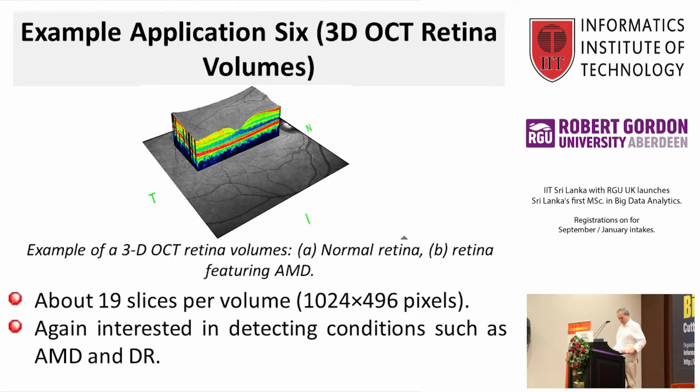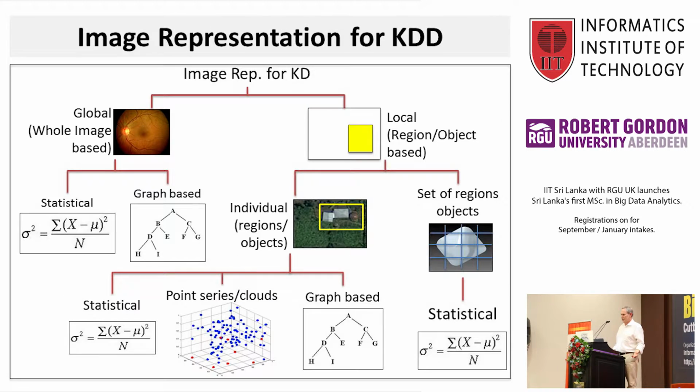Okay, so what I'm going to talk about now is how we might represent these images. And broadly, what I've done here is thought about the different techniques we've adopted and tried to apply a categorization to this.